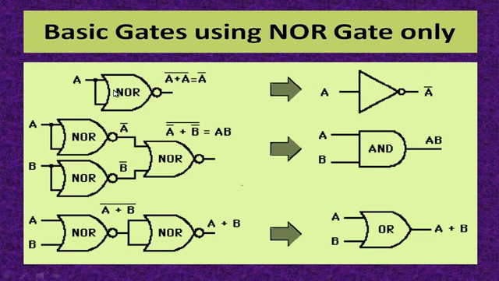So we get the complemented output, that is A complement, and this is the construction of NOT gate using NOR gate. In a similar way, we can construct AND gate and OR gate with the help of NOR gate.